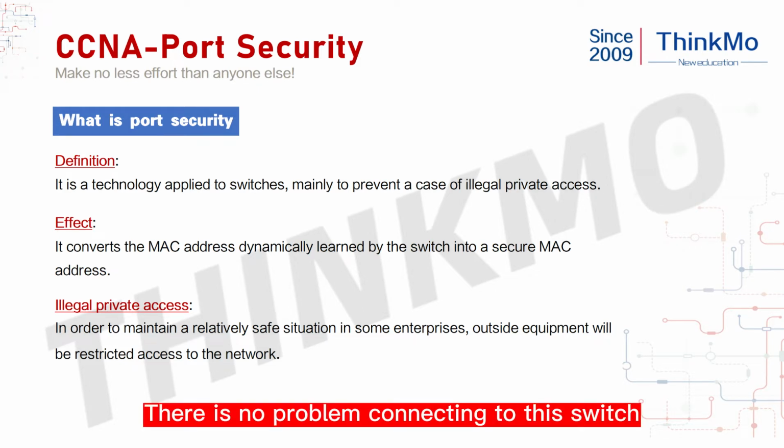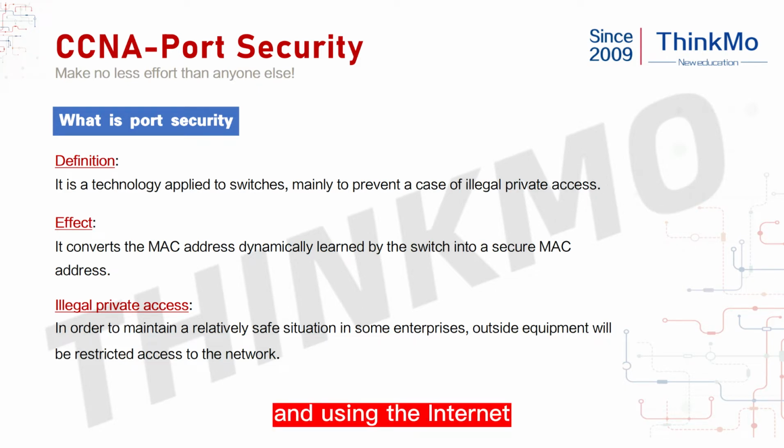There is no problem connecting to this switch and using the internet. But if you have your own router at home, your Wi-Fi signal is not good, and you want to connect it to the company's network for the purpose of boosting the Wi-Fi signal.